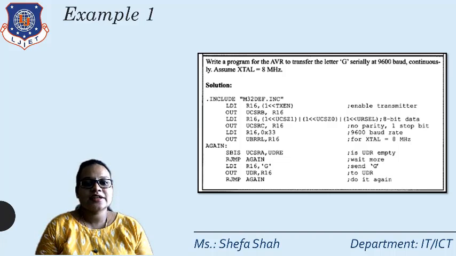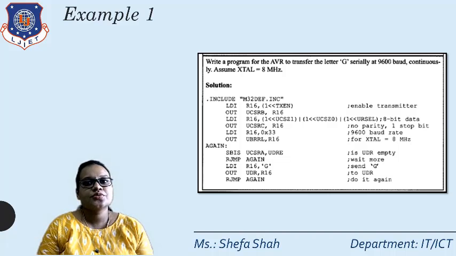Next, we need to store 06H into the UCSRC register. So in the next two instructions, using again LDI and OUT instructions, we are loading the value 06H into UCSRC. Now we are setting the baud rate, that is 9600.